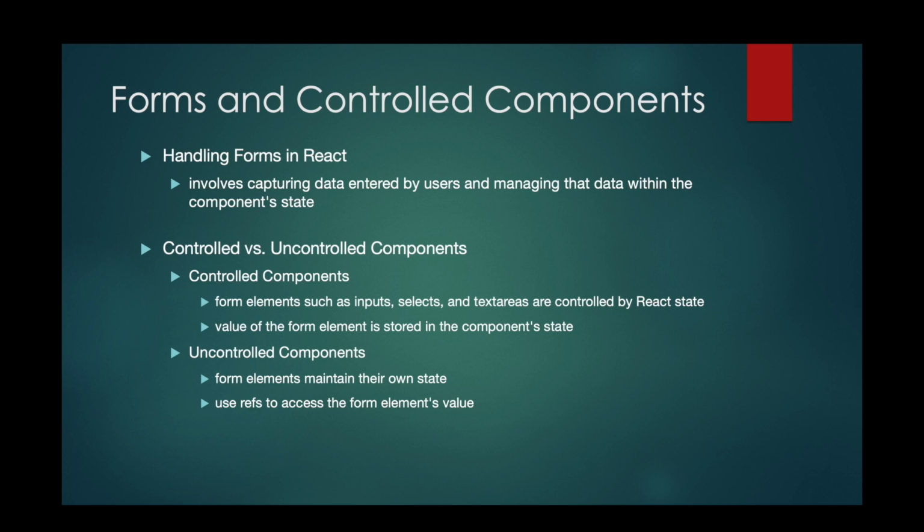In uncontrolled components, form elements maintain their own state and React doesn't control their values. Instead, developers typically use refs to access the form element's value when needed. Controlled components are typically preferred in React because they provide a single source of truth for the form data, making it easier to manage and manipulate data.